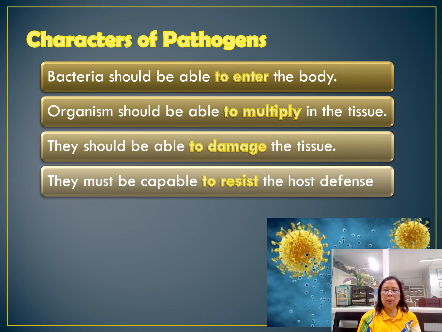Okay, let us take this one by one. So if the bacteria is just simply around your surroundings, and was not able to enter the skin or the respiratory system or the gastrointestinal tract, or was not able to penetrate the body of the host, there is no infection. So the bacteria should have contact with the body in order to have an infection.